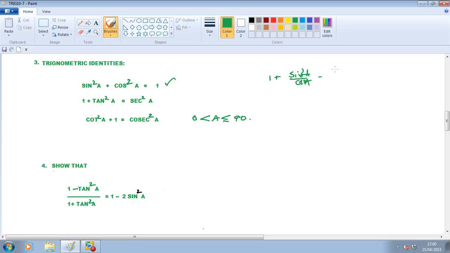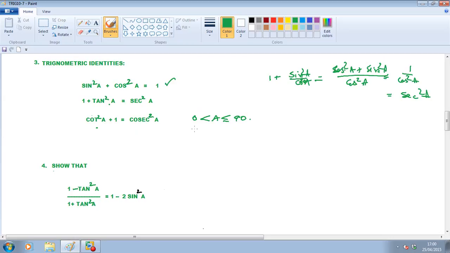Then tan square A is equal to sin square A by cos square A. So this is equal to 1 by cos square A, which is equal to secant square A. Similarly, you can do the next problem also, just reverse, cosecant square A.